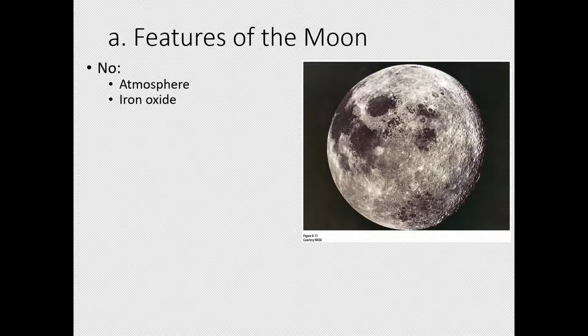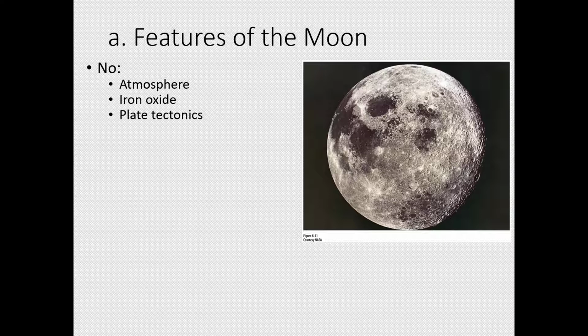Part of the reason that the moon has no atmosphere is because it's so small that its core has cooled and it has no plate tectonics. If you recall, plate tectonics basically moves because there is convection within the Earth's mantle. So if there's no convection in the mantle, there are no volcanoes emitting gases to the atmosphere.